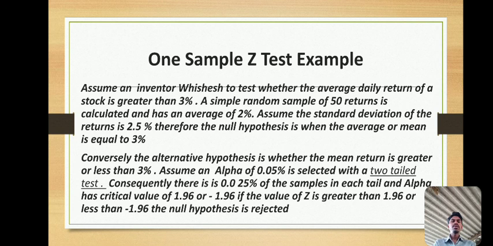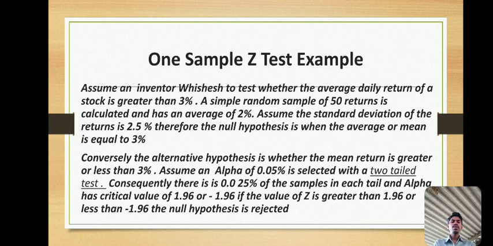Assume the standard deviation of the returns is 2.5%. Therefore, the null hypothesis is that the average is equal to 3%. Conversely, the alternative hypothesis is whether the mean return is greater or less than 3%.